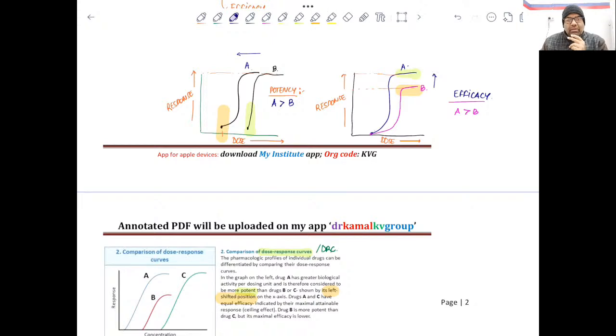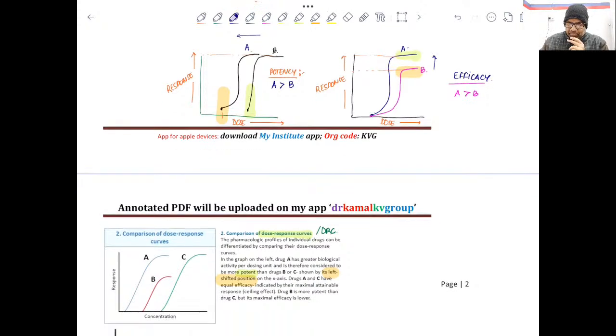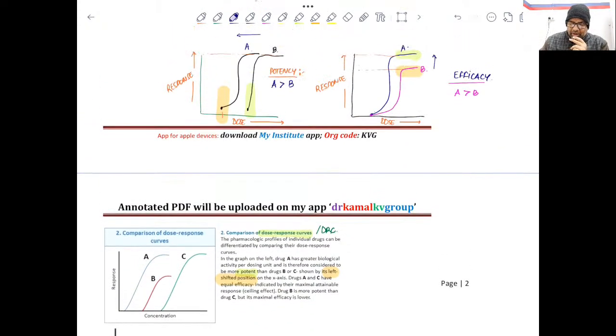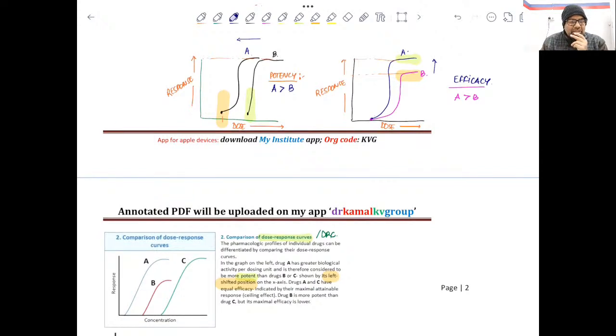Now how to define potency and efficacy? Now if you want to define potency, firstly study this graph. Now what you are seeing here is that for one drug, say this is 10 milligram and this is 20 milligram, okay? The effect is same.